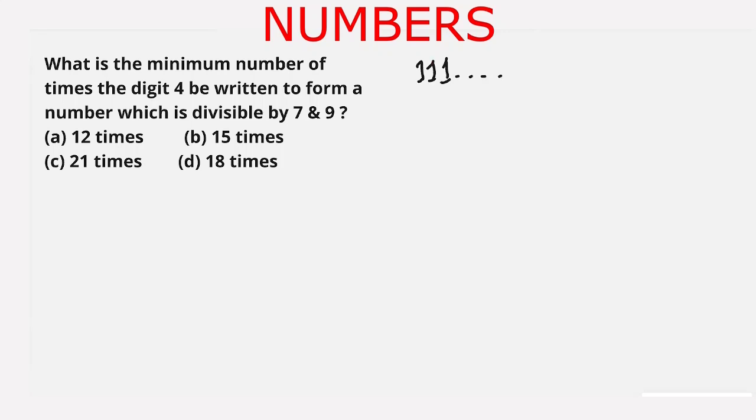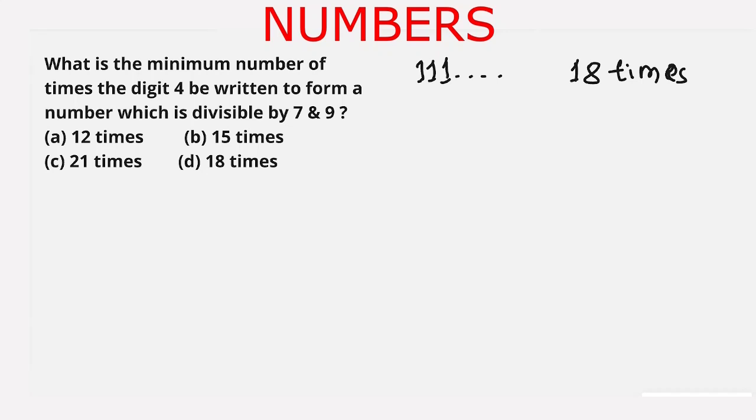Then it should also be written 18 times, as the sum of the digits will be 18, so it will be divisible by 7 and 9. For making it divisible by 7, it should always be a multiple of 6 times.